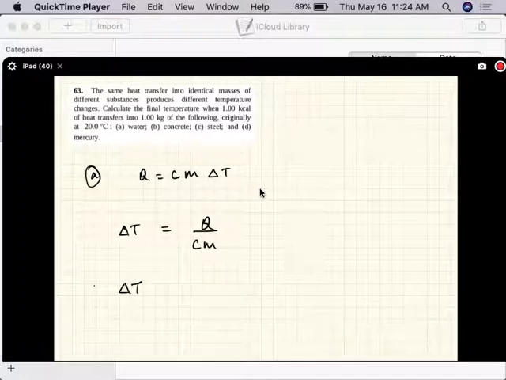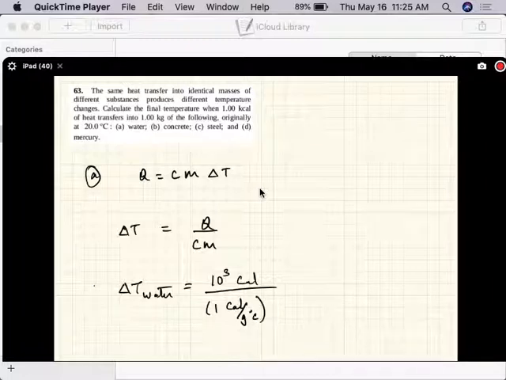So delta T for water would be Q, which is 1 kilocalorie, 10 to the power 3 calories, over C, the specific heat. We'll do this problem in calories: 1 calorie per gram per degree Celsius, times the mass, which is 1 kg, or 10 to the power of 3 grams.